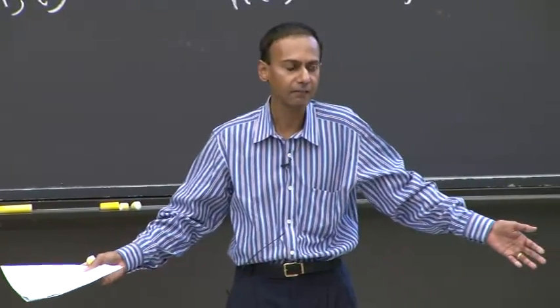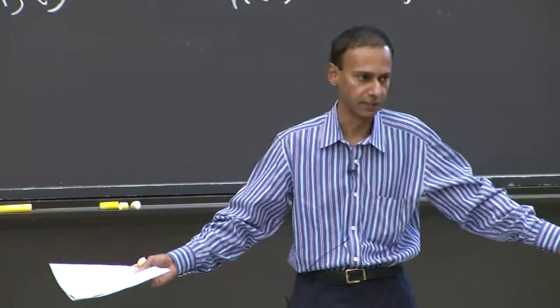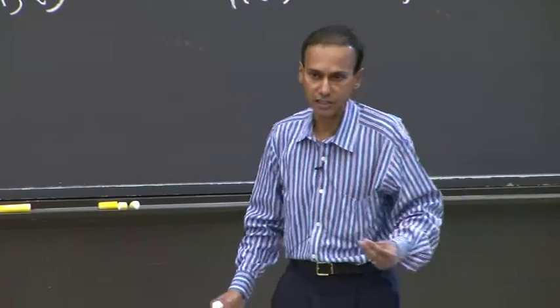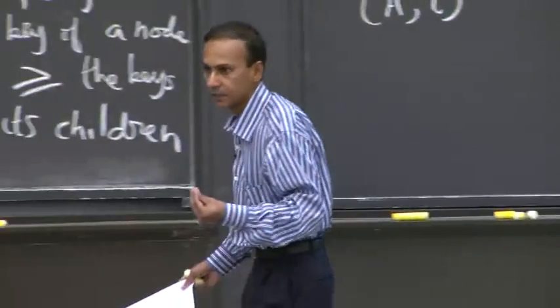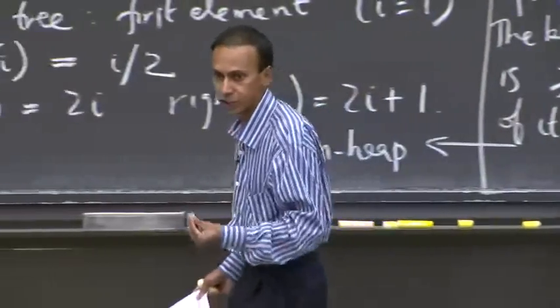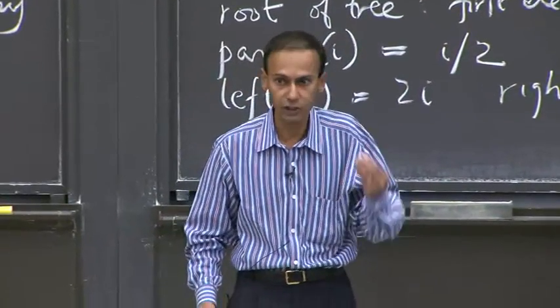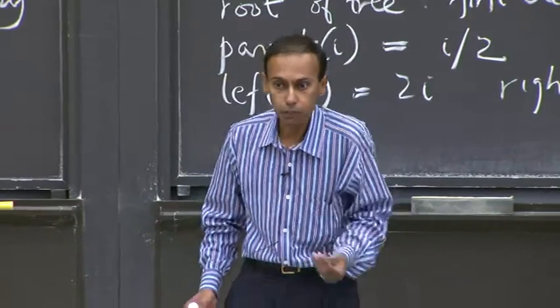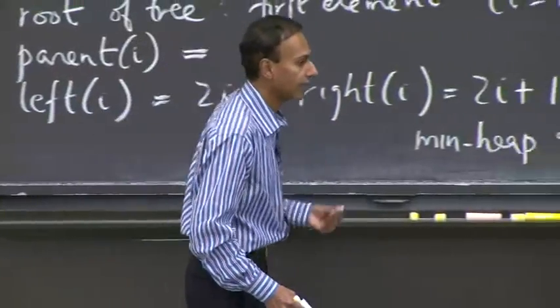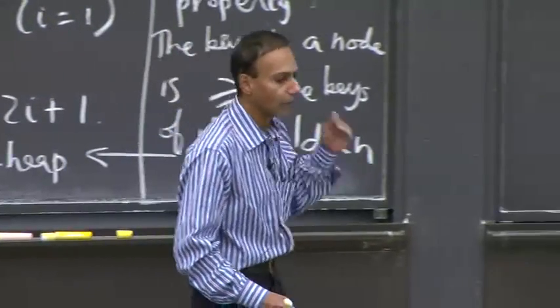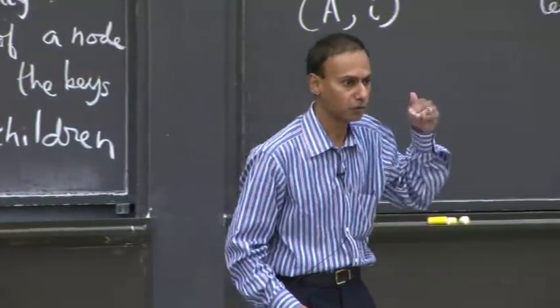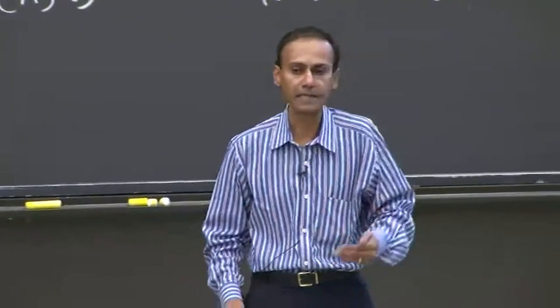And in fact, if you had 15 elements, it'd be a perfect binary tree. So the good news is that the height of this visualization tree is bounded by log n. And you want to exploit that good news by creating algorithms that go level by level. If you can do that, you're going to have logarithmic complexity algorithms.